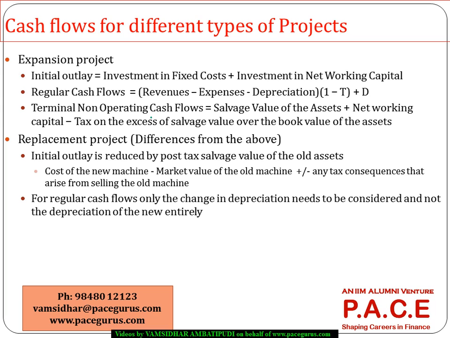Whenever we are trying to evaluate any capital project, we work out three different calculations. One, what is the initial outlay, meaning how much did we really invest, or what is the initial investment in the project.